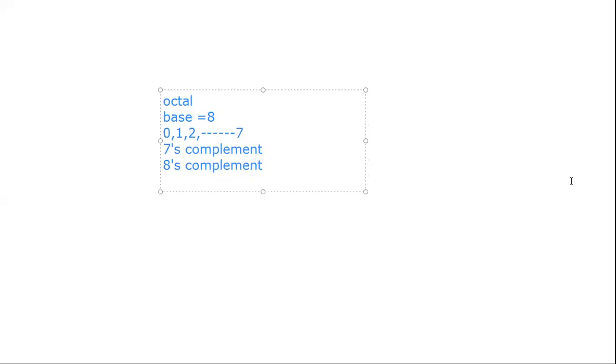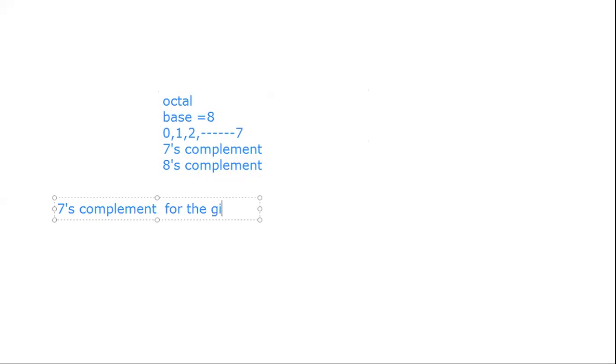How to find the 7's complement for a given number? Take an example, the number 472.